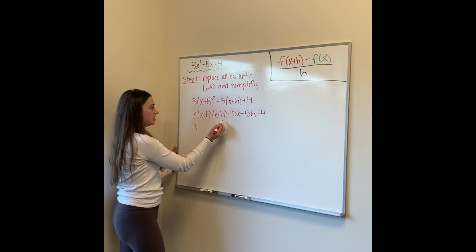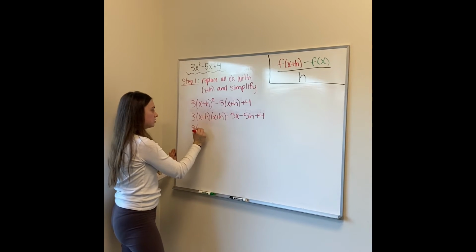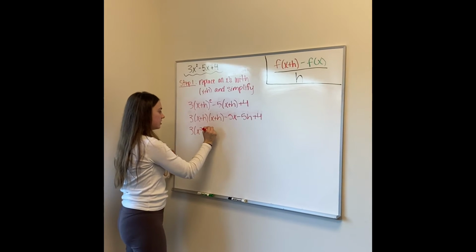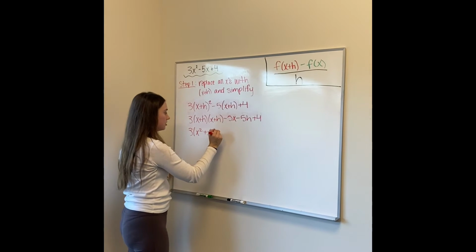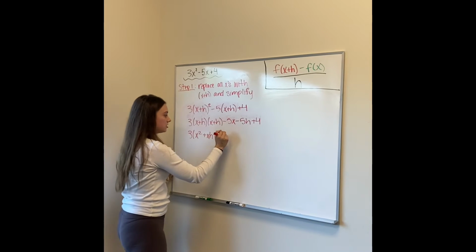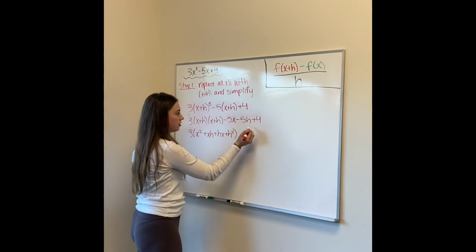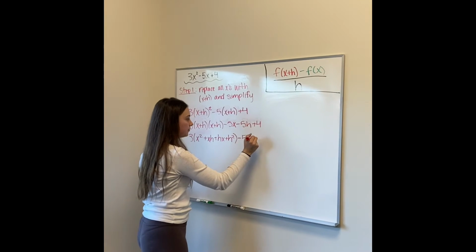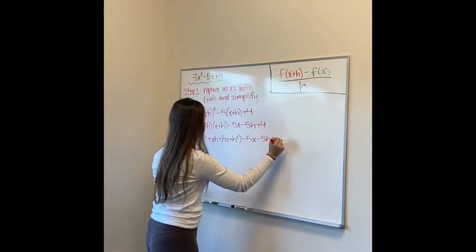So then FOILing these, it's going to be x times x, which is x squared, x times h, which is plus xh, then h times x, which is plus hx, and then h times h, which is going to be plus h squared. And then you're just going to bring all of that down. So minus 5x minus 5h plus 4.